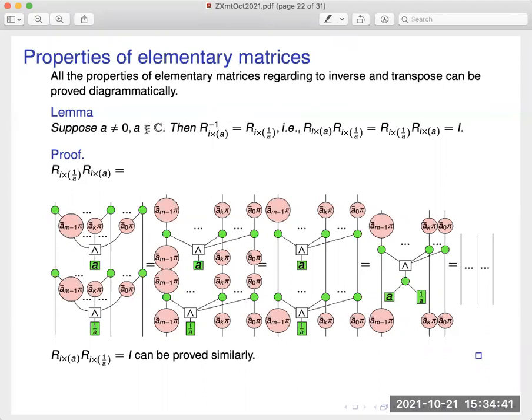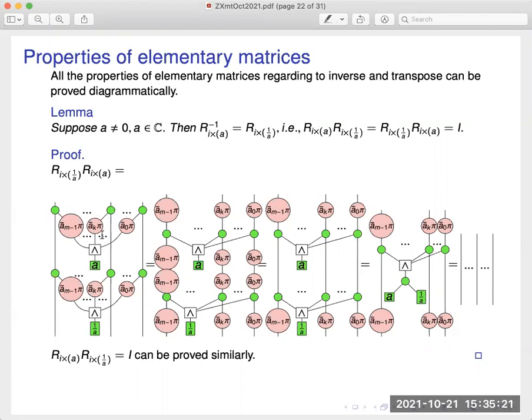So for example, first, we have a non-zero complex number A, which can be any non-zero number. We all know that if we multiply the row by A, then its inverse is just multiplying the row by 1 over A, right? That means if they come together, they should be the identity. So how do we prove it?